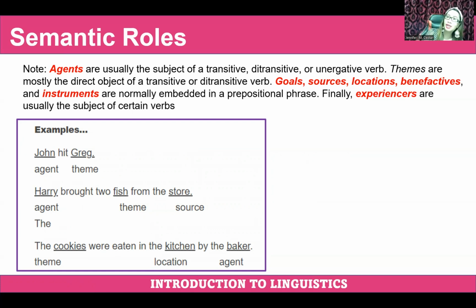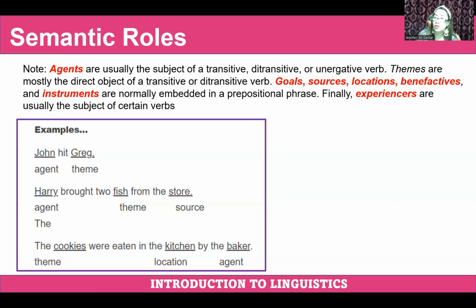So, di ba, in your structures of English, I know your professor has taught you ano ba ang transitive verb, ano ang intransitive verb, ano ang ergative verbs, so on and so forth. So, I know you are familiar with those already. Transitive verb, the one that requires an object. Intransitive verb, the one which does not require an object to complete the meaning.